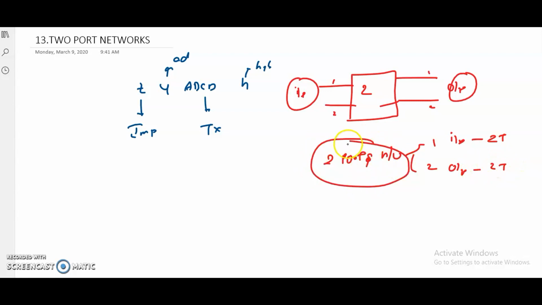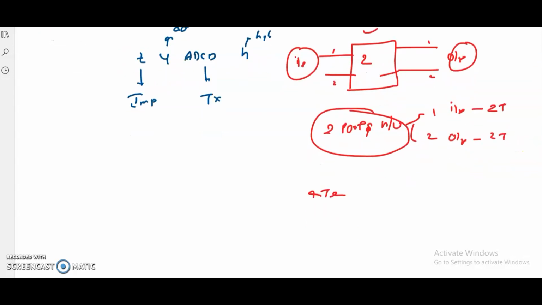So a 2 port network can also be called a 4 terminal network: 2 terminals at the input side and 2 terminals at the output side. That is how we call this network a 2 port network.